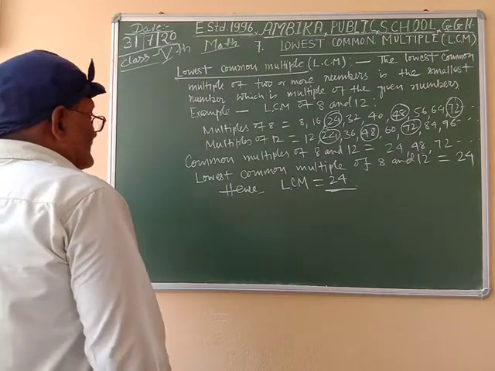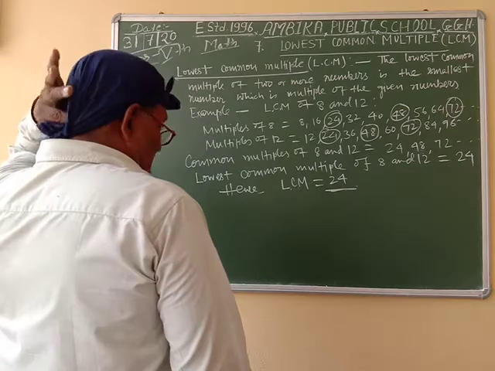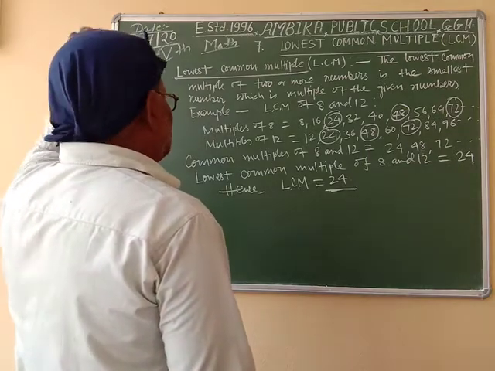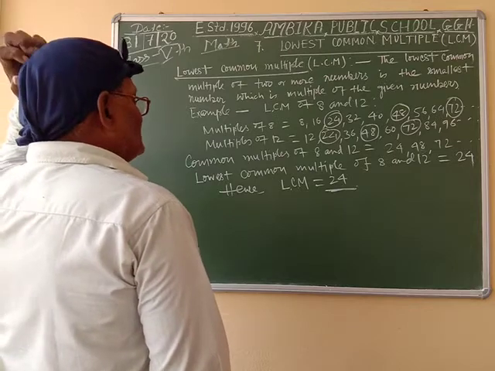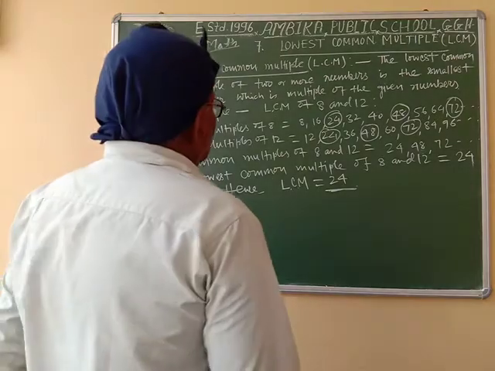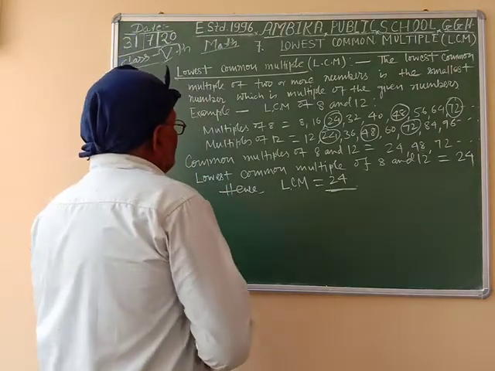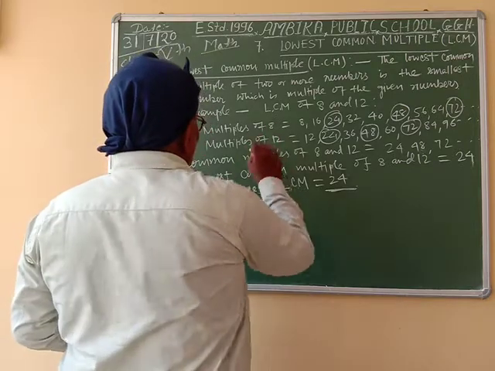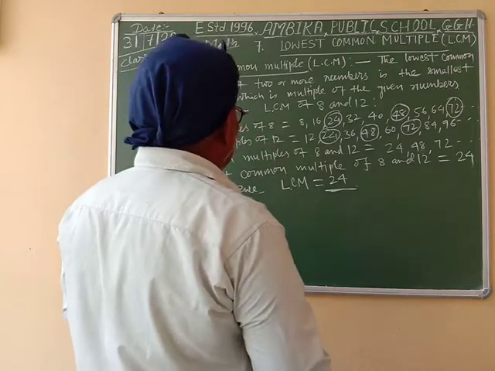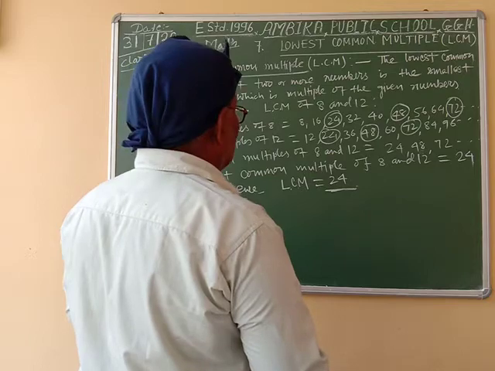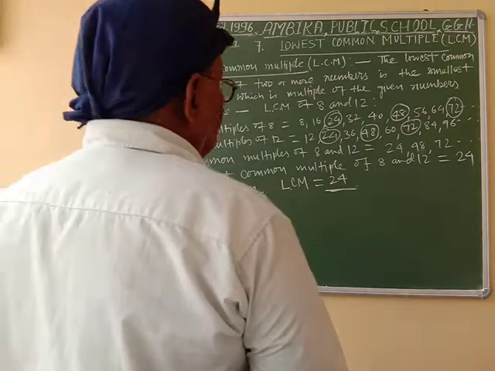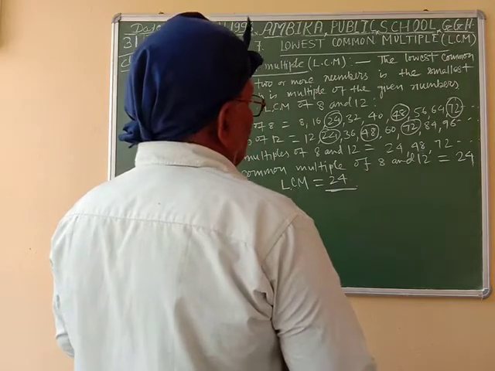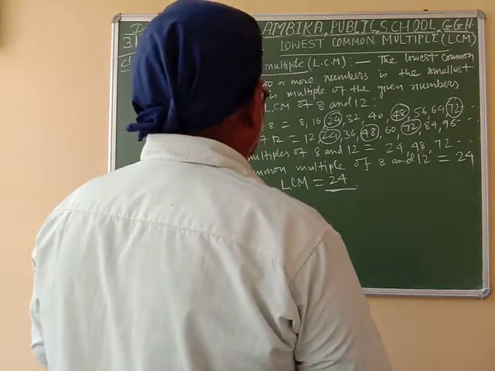Here I solved the LCM of 8 and 12. First of all, we write the multiples of 8. Multiples of 8 are 8, 16, 24, 32, 40, 48, 56, 64, 72 and so on.